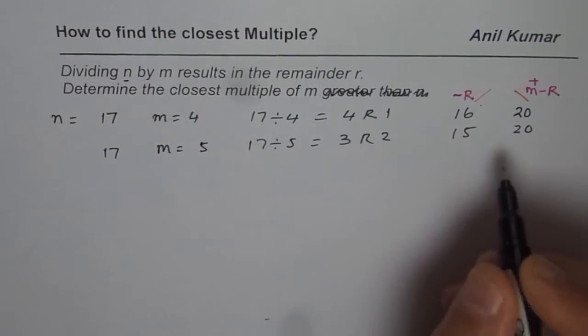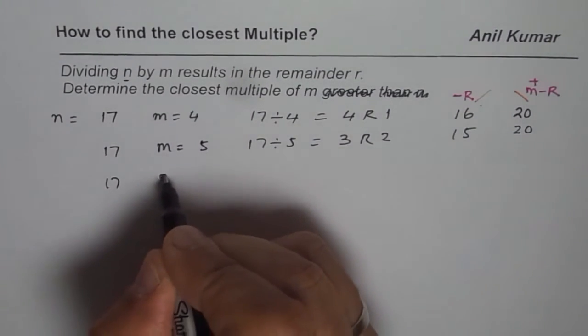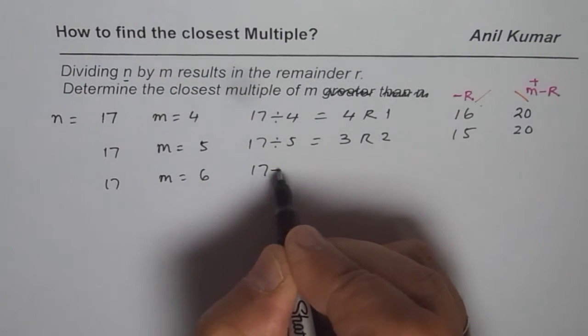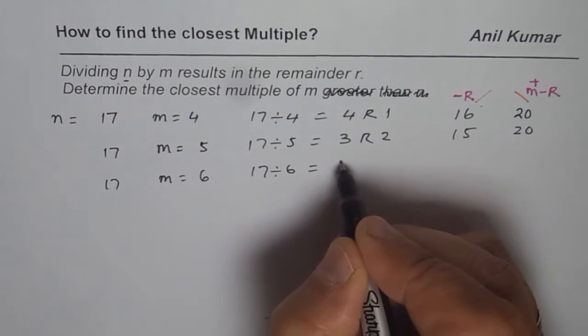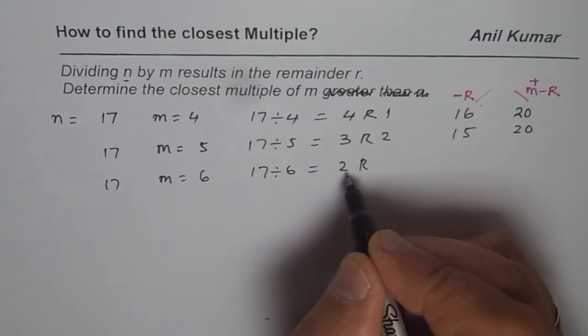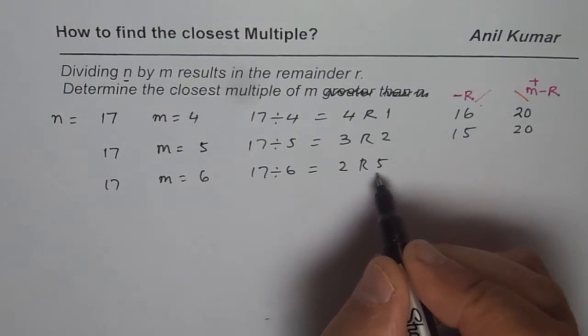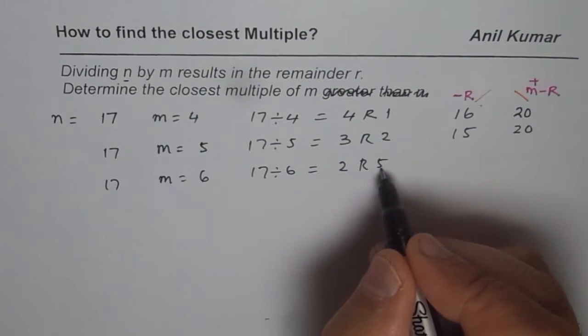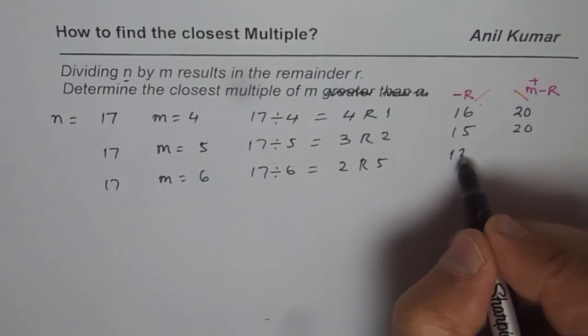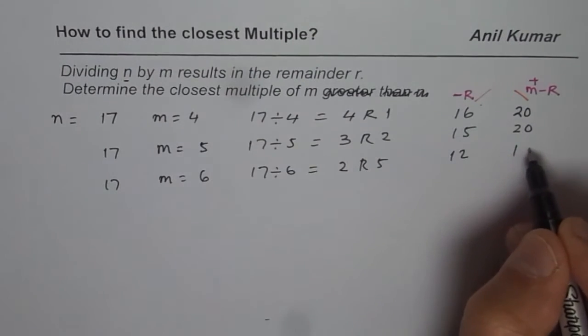Now let's take another number, m equals 6. 17 divided by 6 is 2, and the remainder is 5. Now we could drop 5, which is a big number to drop. So if I drop 5, I get 12, or I could add 1, so I get 18.